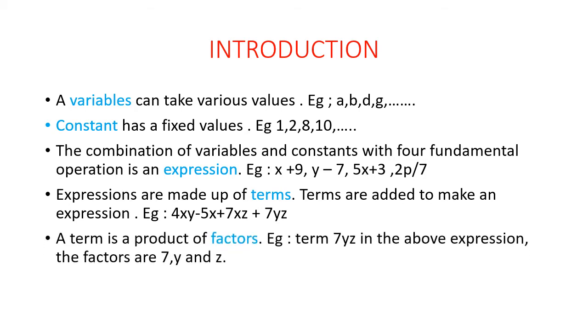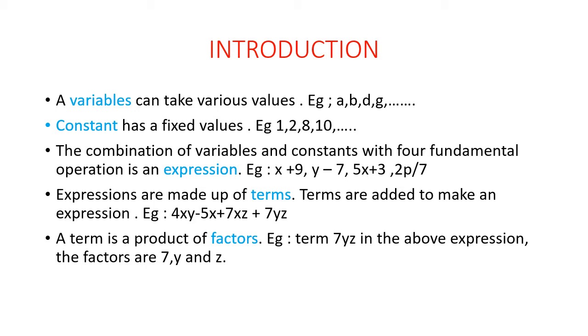A term is a product of factors. What is a factor? A term is a product of factors. Example, see the term 7yz in the above expression. What is the above expression? 4xy minus 5x plus 7xz plus 7yz is an expression. In this expression, we took only the term 7yz. Here we are going to find the factors of this term.